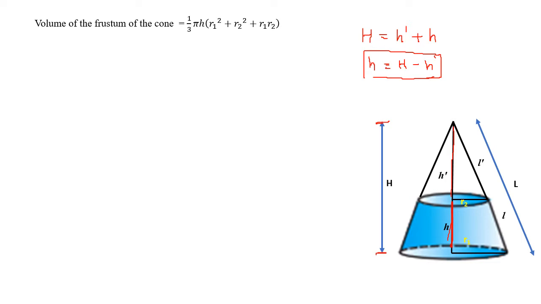In the same way, first we'll work on the volume of the frustum. So what is the formula for volume of the frustum of the cone? Volume of the frustum should be equal to volume of bigger cone minus volume of smaller cone.